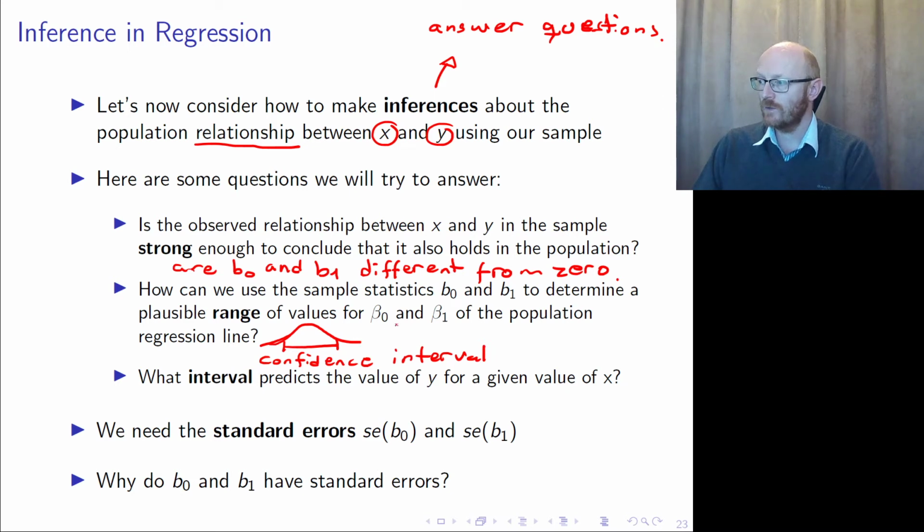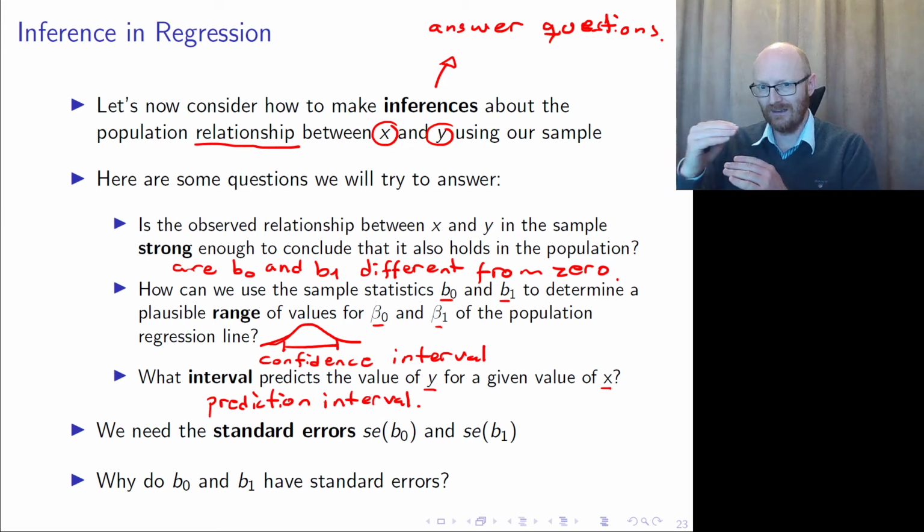And remember that whenever you talk about the coefficients or the parameters, you make a confidence interval, okay? But if you want to predict the value of y given a value of x using the regression line, then you're talking about a prediction interval. Because given the x, you are predicting the y, okay?